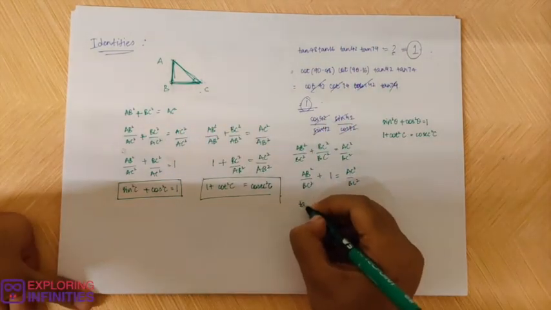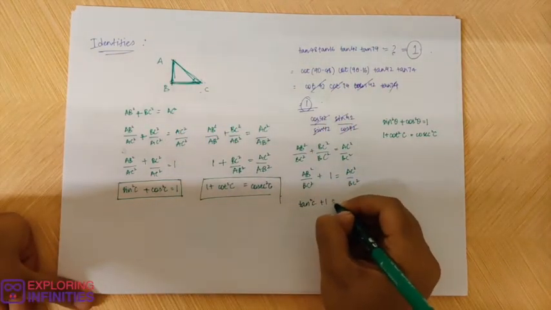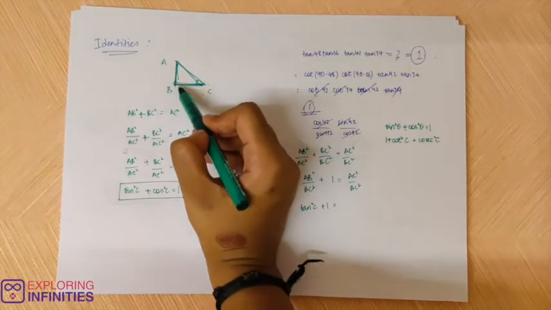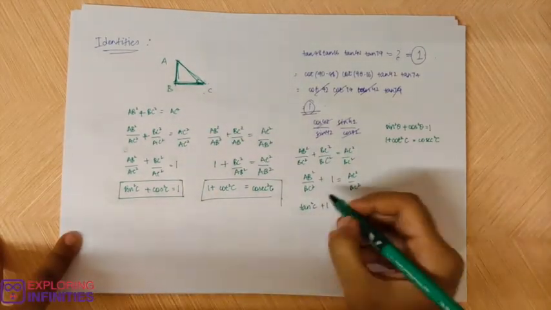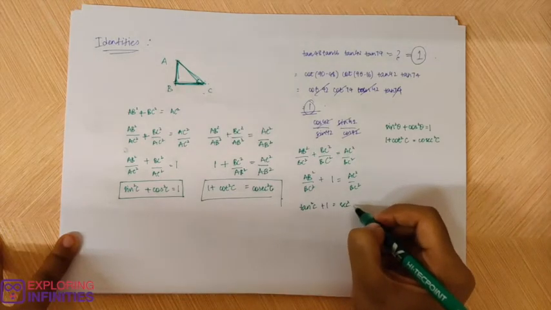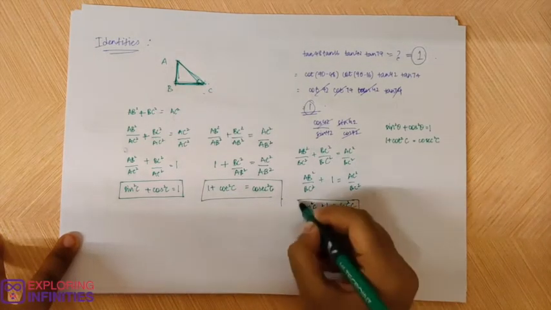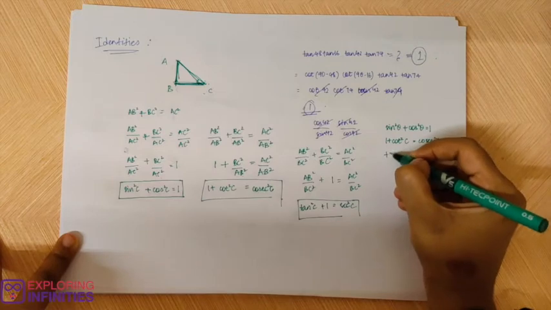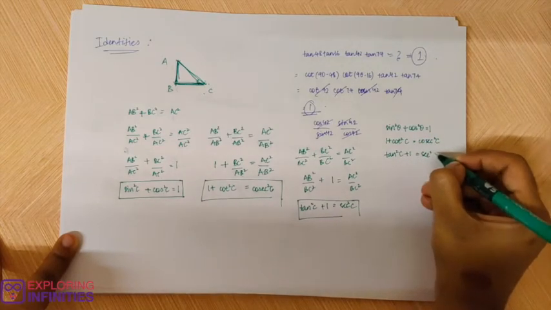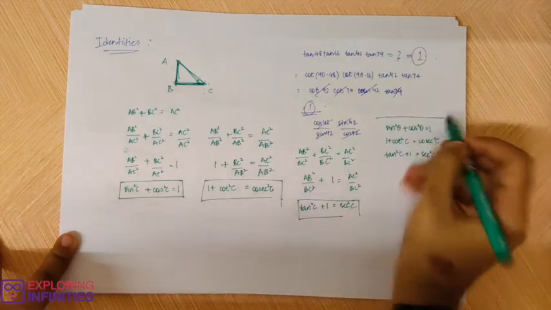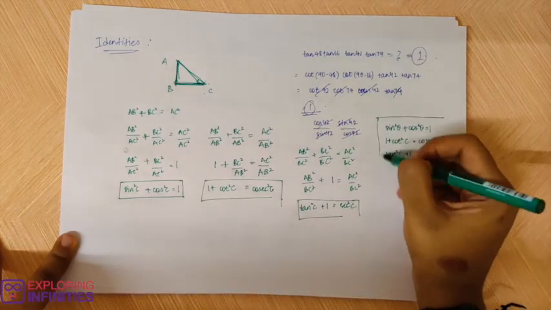So it is tan. So tan square C plus 1 is equal to AC by BC. AC is hypotenuse, BC is adjacent. Hypotenuse by adjacent is secant. So secant square C. So tan square C plus 1 is equal to secant square C. So this is another identity.